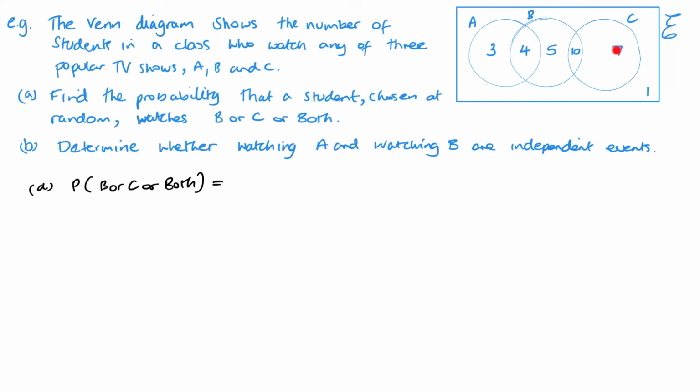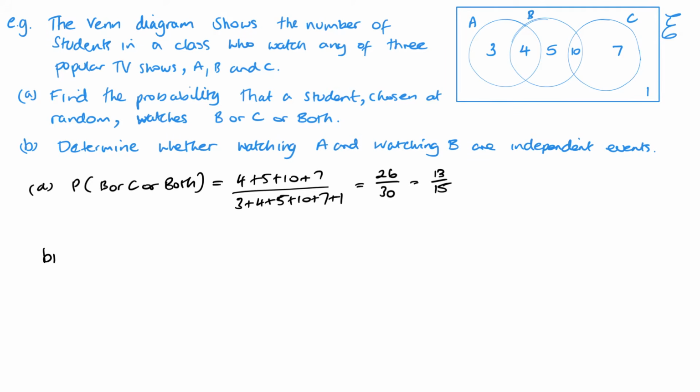So we've got 4 plus 5 plus 10 plus 7. And that's over my total, which is 3 plus 4 plus 5 plus 10 plus 7 plus 1. And that gives me 26 over 30, or 13 over 15.